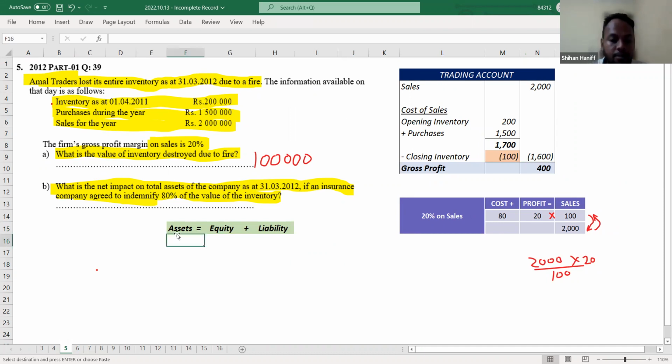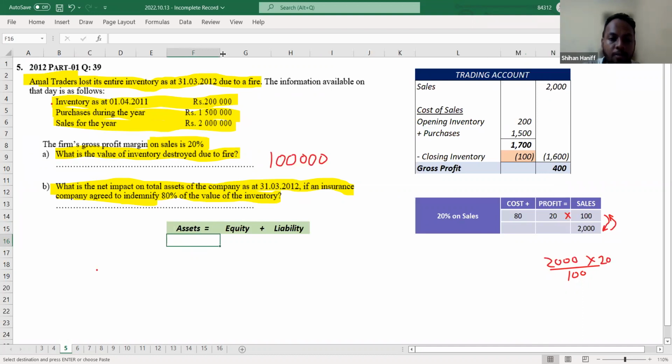Our inventory will reduce by 100, and we will get insurance of 80%. So out of 100, we get 80. So stock minus 100, insurance receivable will be 80,000, and the loss is only 20. So this is how we show that.